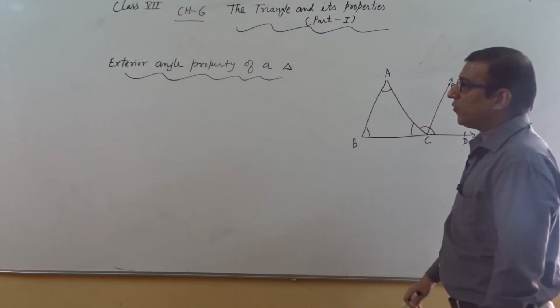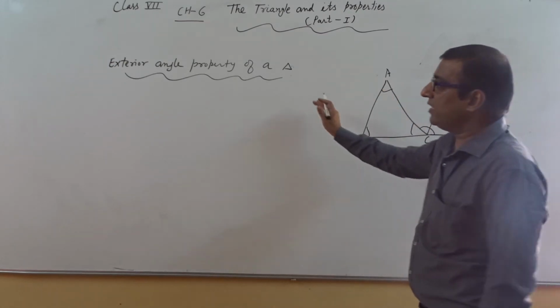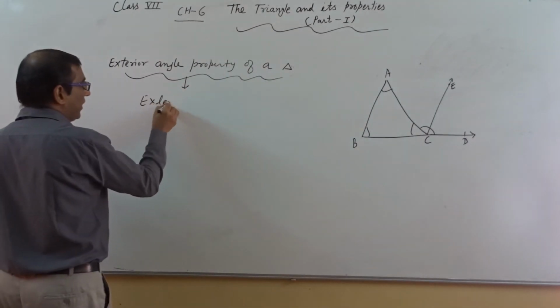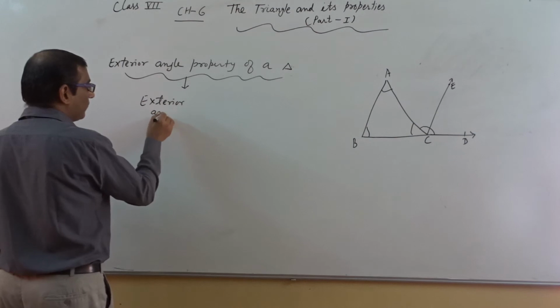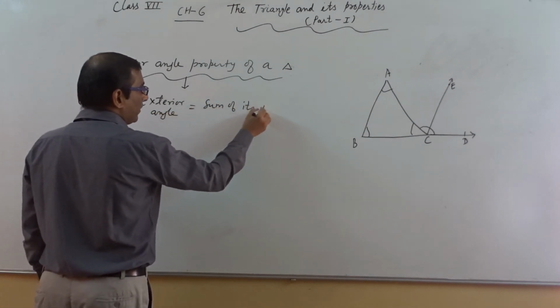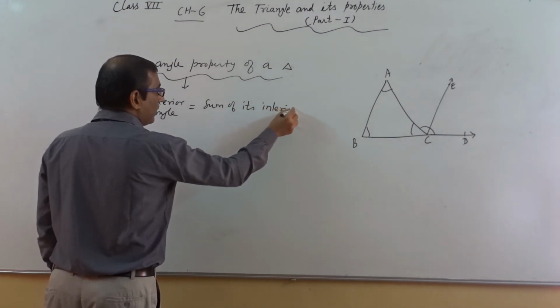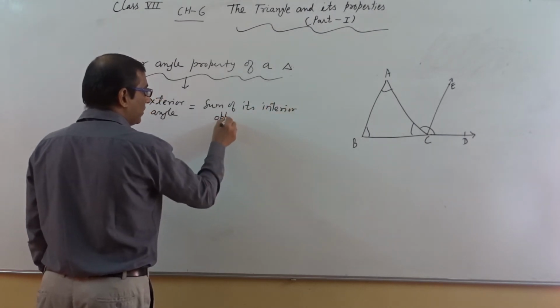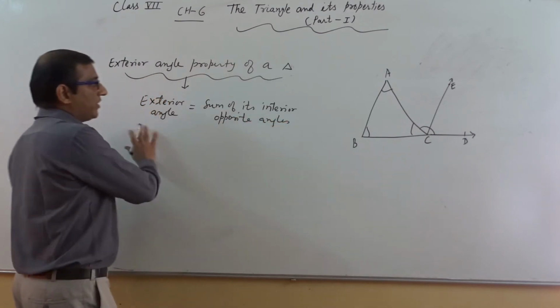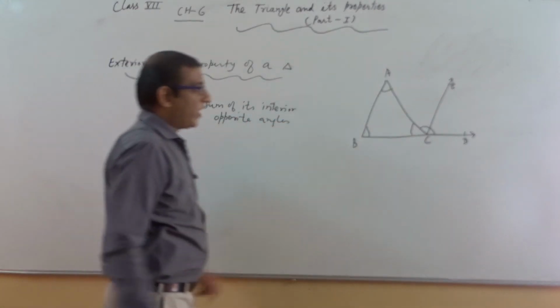The exterior angle property of a triangle is what? Basically, as per this property, exterior angle is equivalent to the sum of its interior opposite angles. This is the statement, this is the meaning of this property. So how can we prove it?